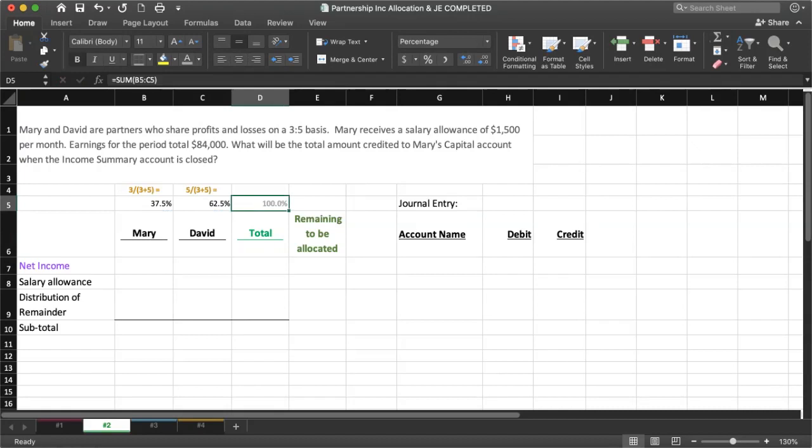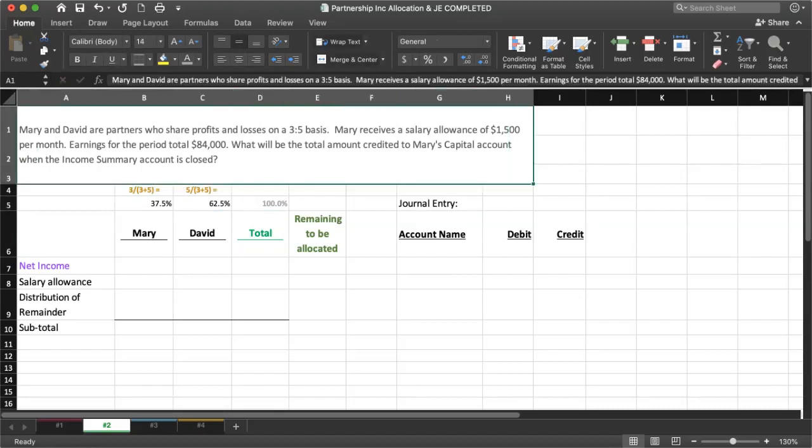Now let's see here. During this current year, we need to allocate the profits. So they tell us that the earnings or profits totaled $84,000, and Mary receives a salary allowance of $1,500 per month.